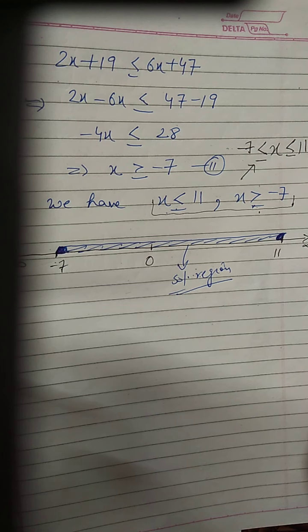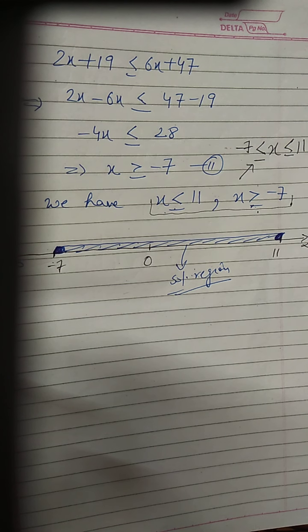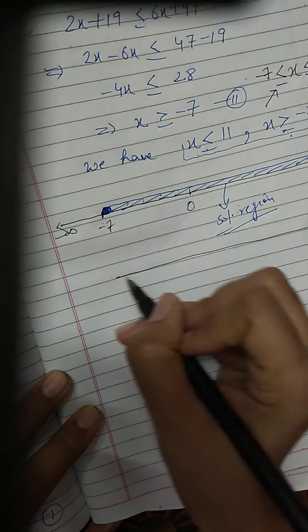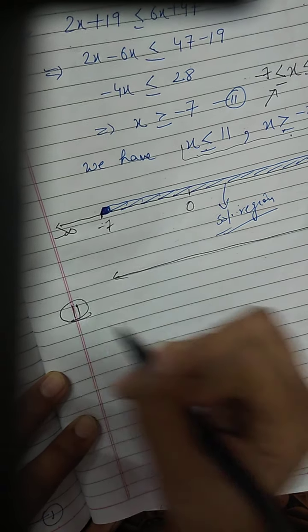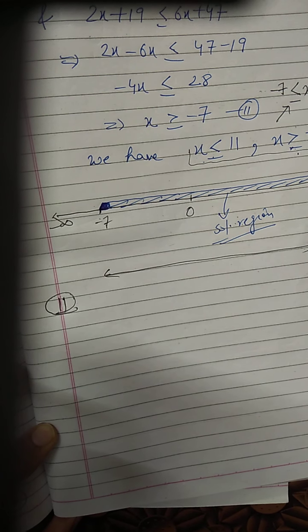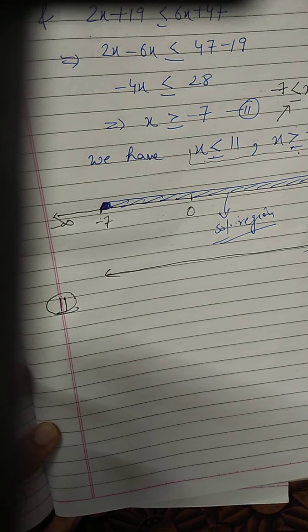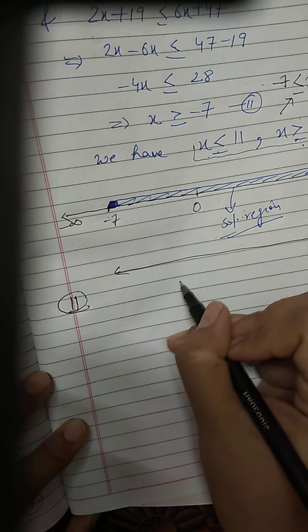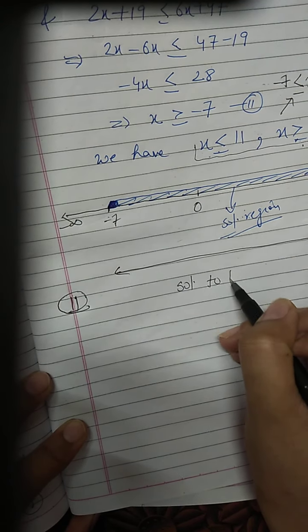Now we will discuss here sum number 11. Sum number 11 is given like this. It is given a solution is to be kept between 68 degree Fahrenheit and 77 degree Fahrenheit.